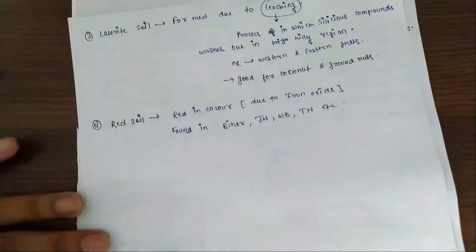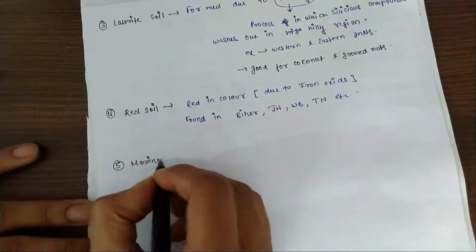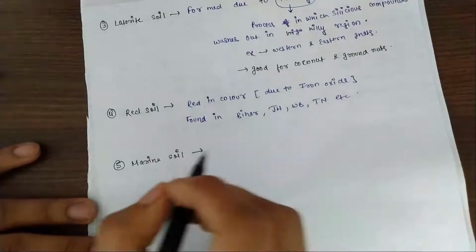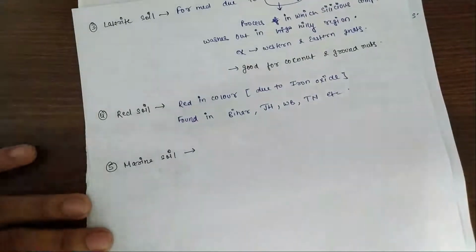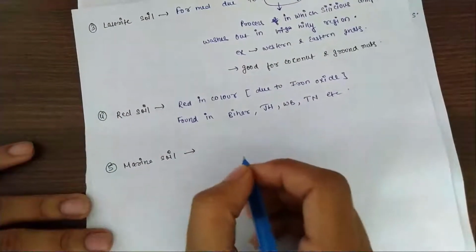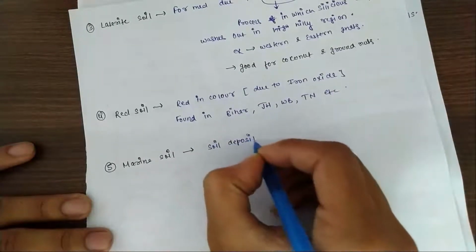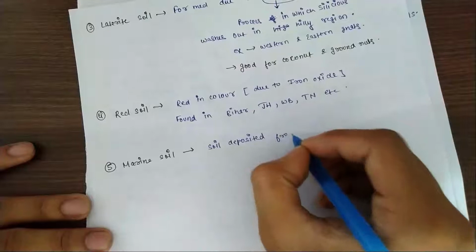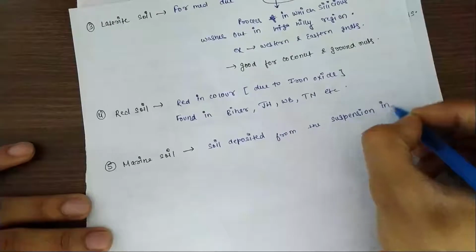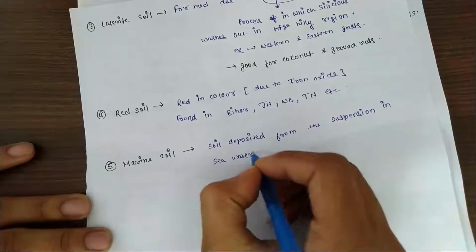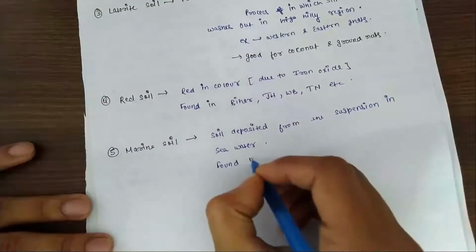And the fifth type of soil is marine soil. Marine soil is formed due to deposition of soil from suspension in seawater in coastal areas, and this is found in all coastal regions.